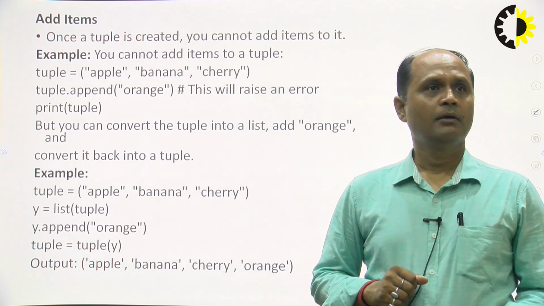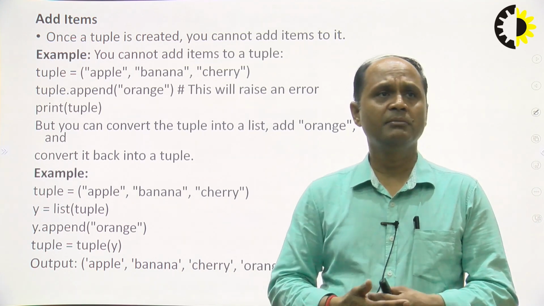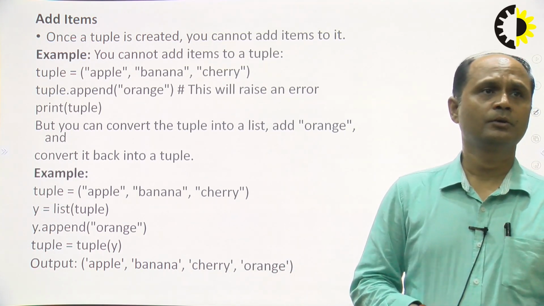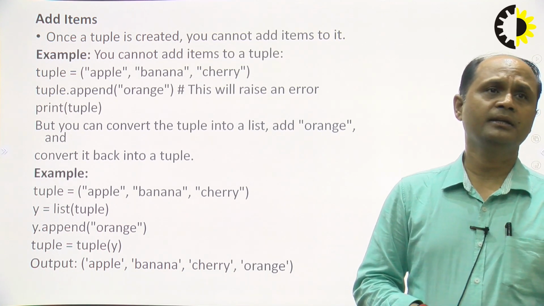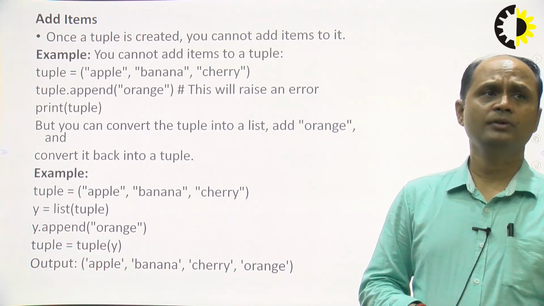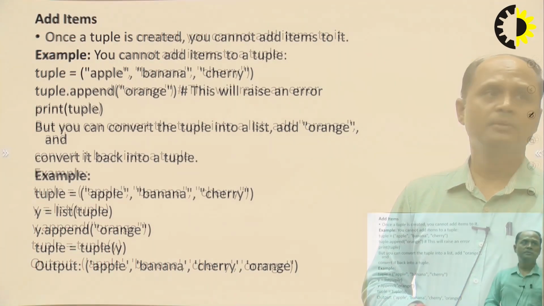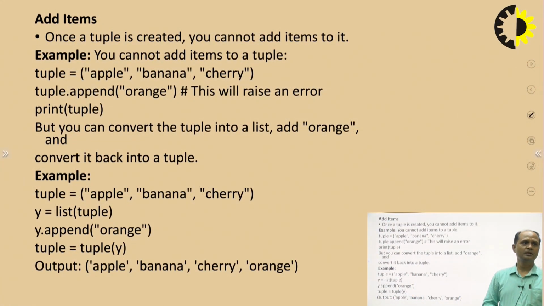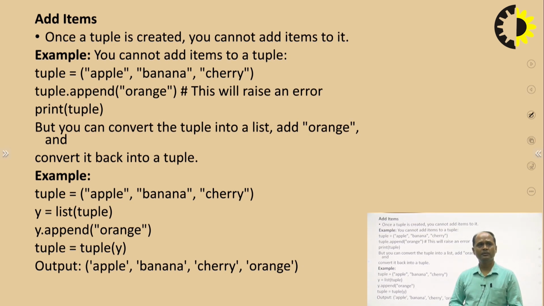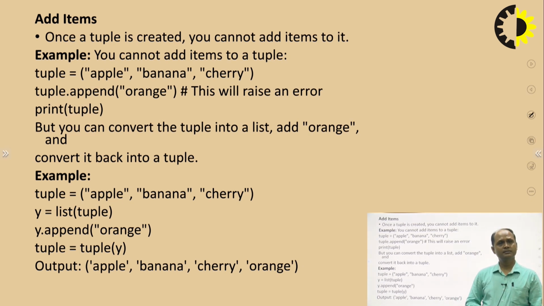So how do we add a data item to a tuple? Once a tuple is created, you cannot add data items into it. So what is the procedure? Again, we convert the tuple into a list, change the list, and after changing the list we convert it back into a tuple, and then we can print easily.